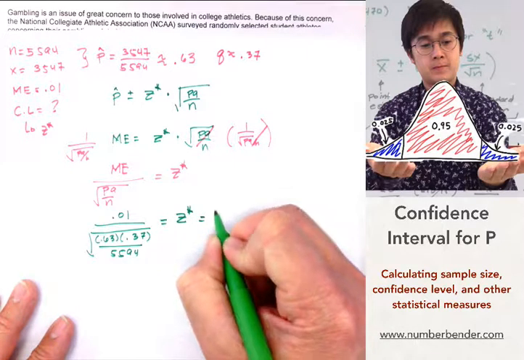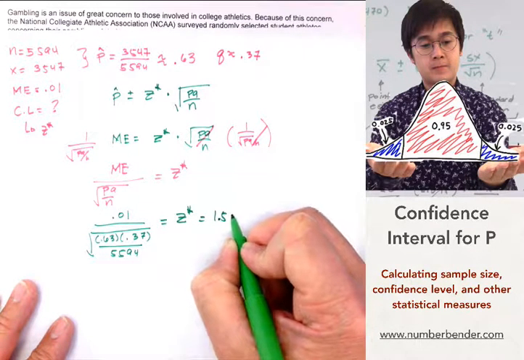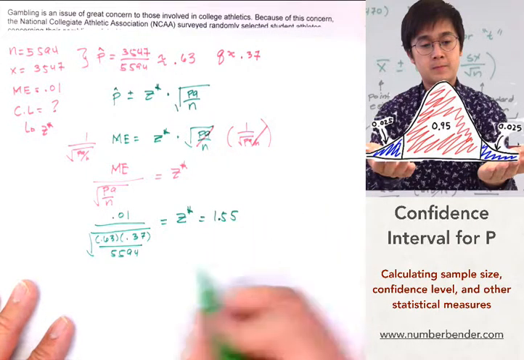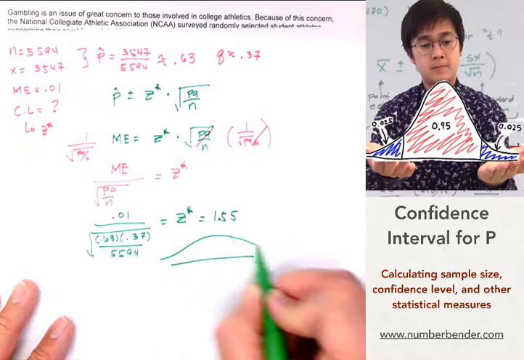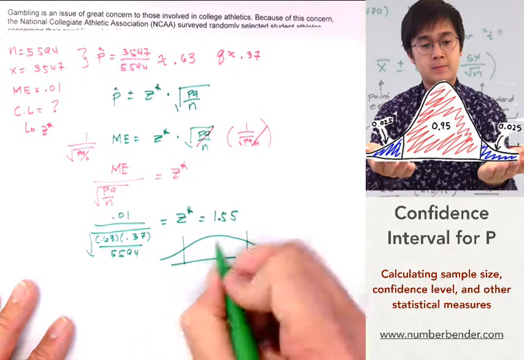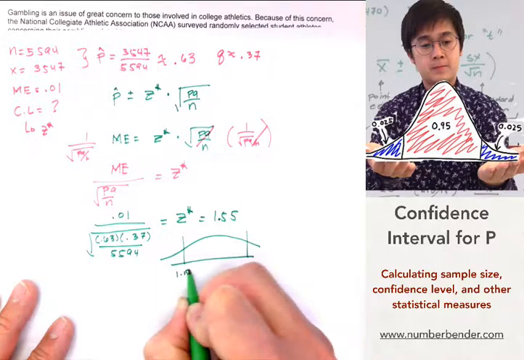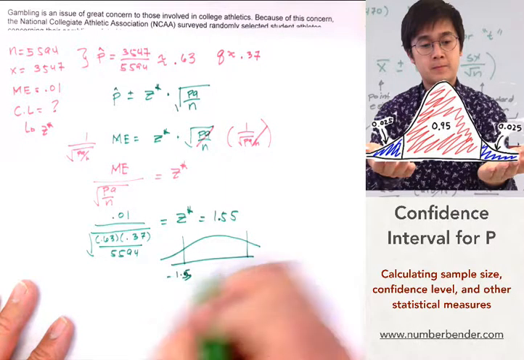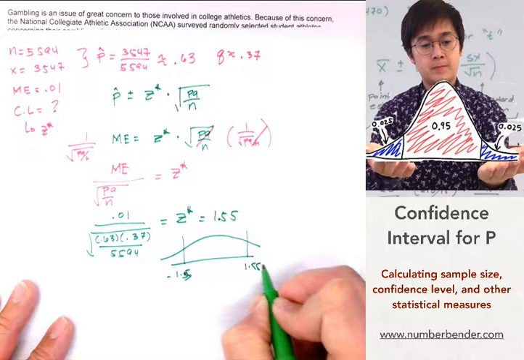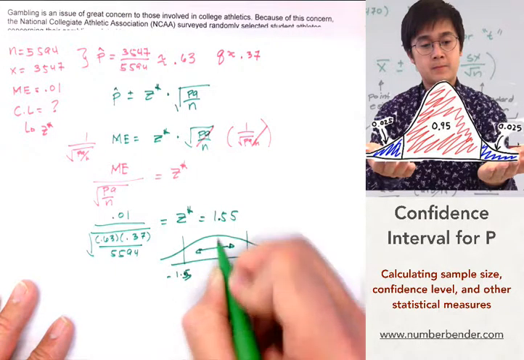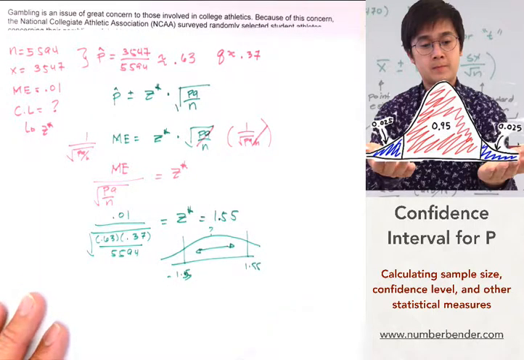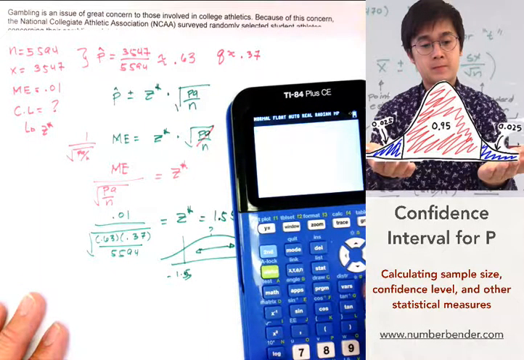So, using our normal curve, we know that the confidence level we are looking for lies between negative 1.55 here and positive 1.55 here. So, we need to find the confidence level. Since we have Z star, using our calculator, let's use second function, vars, normal CDF. Our minimum value is negative 1.55 and then positive 1.55 to get the area under the curve.